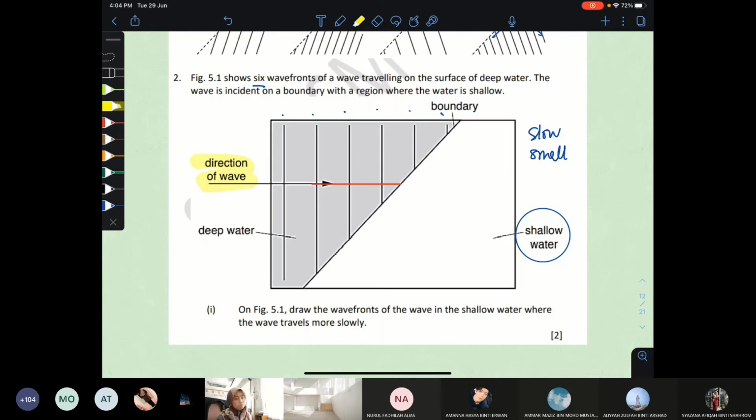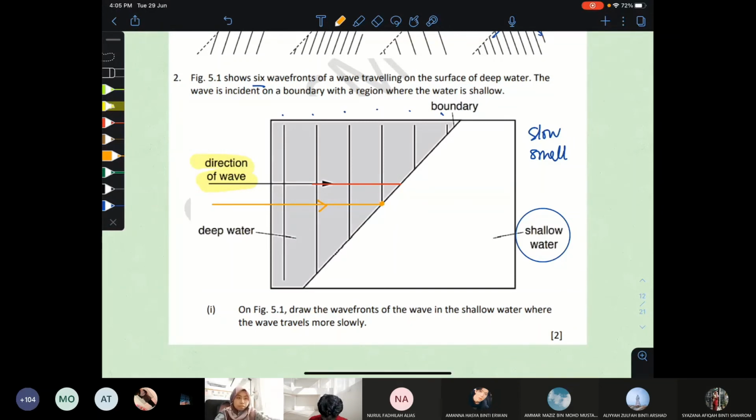Okay, and then I draw this line. Sama juga lah. Saya nak sentuh yang ni. Okay. So I have the direction of wave. Okay. So sekarang ni this line dia touch. Bukanlah dia macam ada ni kan, hit it kan.